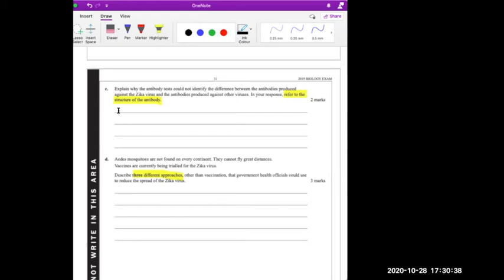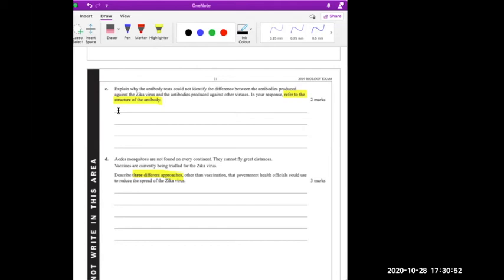So here what I would say is, if you can't tell the difference in antibodies, it's probably because the antibodies are similar. They have a similar shape. If they have a similar shape, that means the antigens on Zika virus and the other virus must be similar as well.